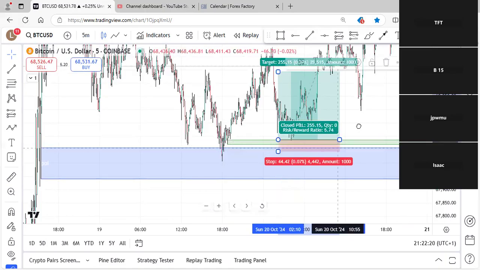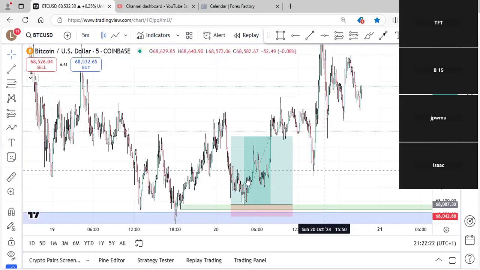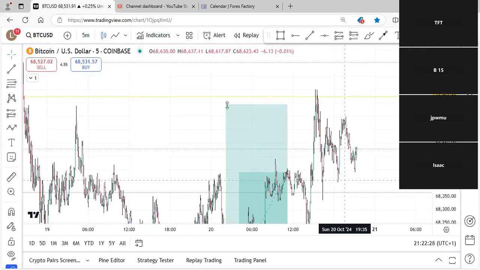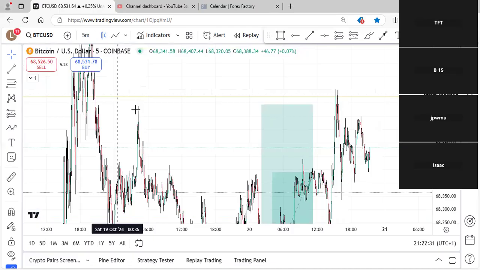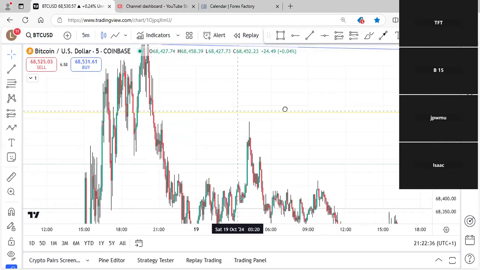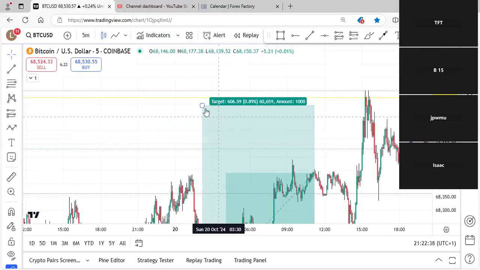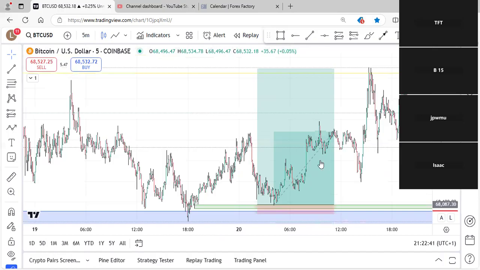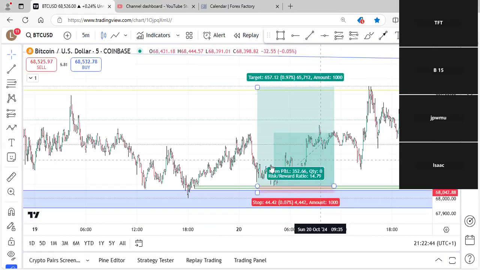That would be plenty for alpha spreads. This was early hours this morning, and then obviously it's targeted these imbalances in here. It targets that pretty much perfectly and has reacted out of it. But 14 to 1 on a Sunday would have been nice.